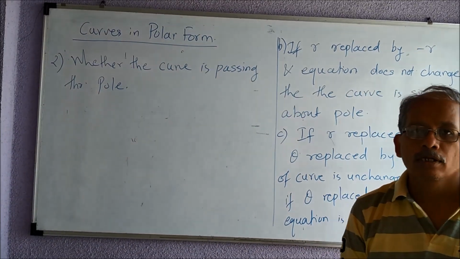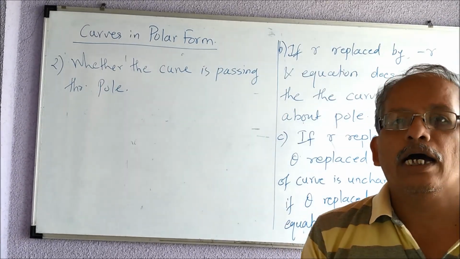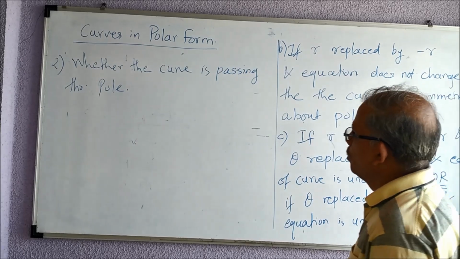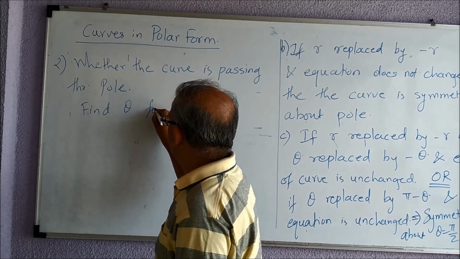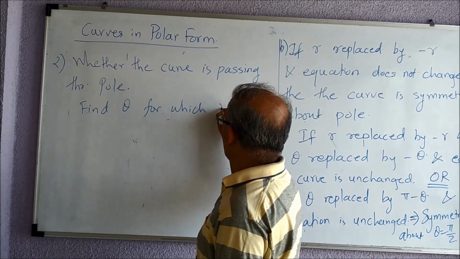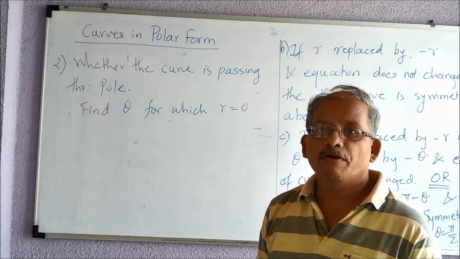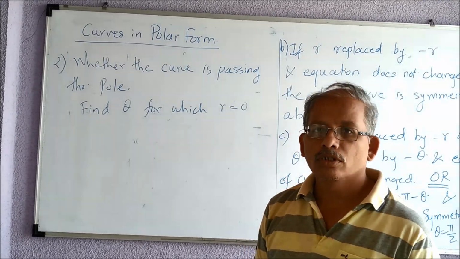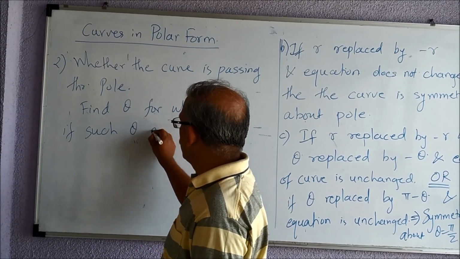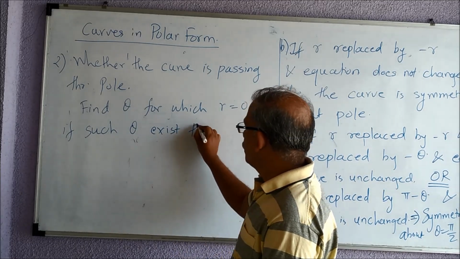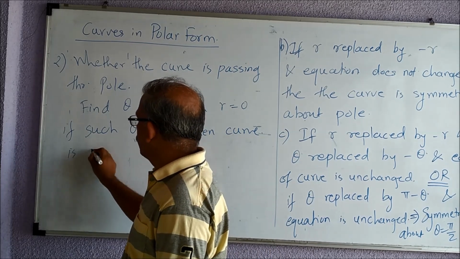Here what you can do is find the value of theta for which r is equal to 0. If such a theta exists, definitely the curve is passing through the pole.